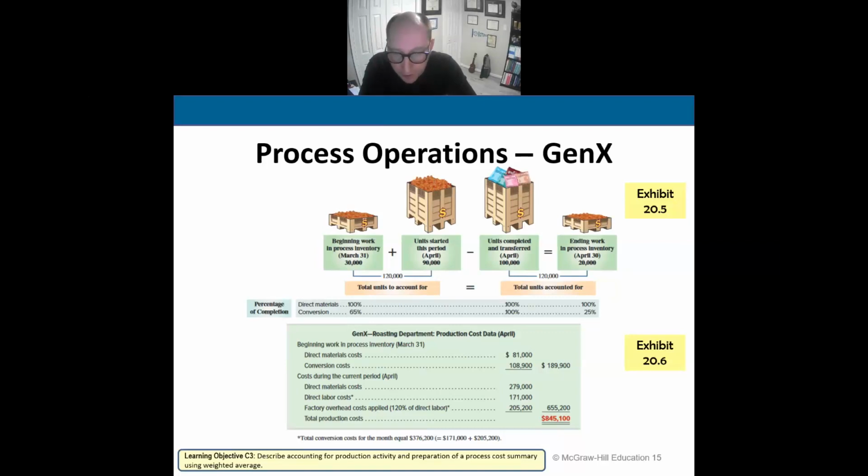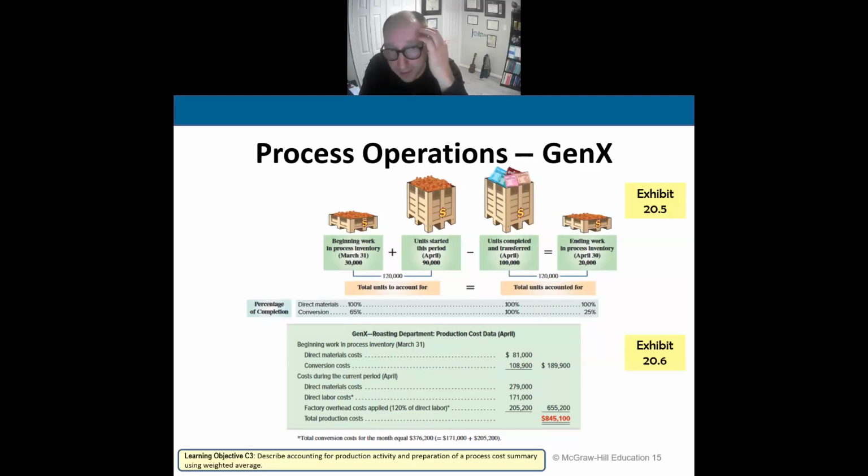Weighted average. That weighted average changes as more purchases come in throughout the month or the accounting period. That's what you remember from Principles of Accounting 1 about weighted average. The same concept applies when it comes to finding the equivalent units of production.